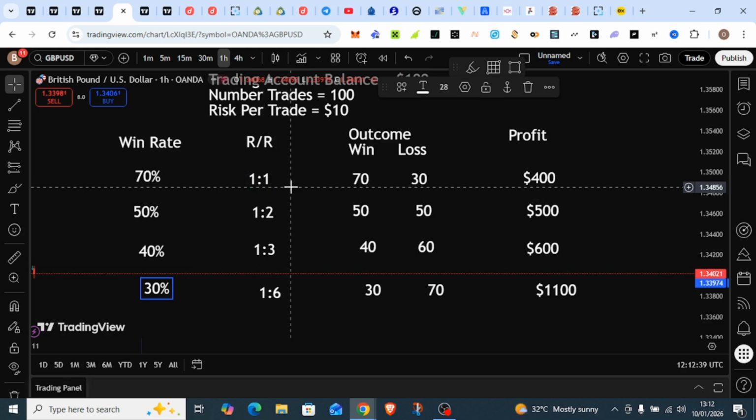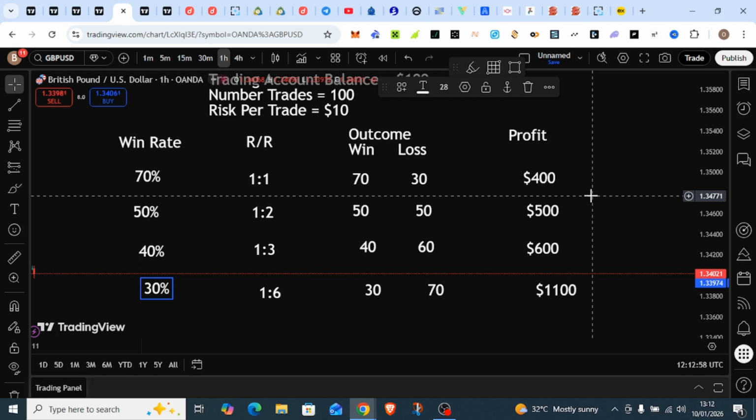That's why there is no hard and fast rule to this. You must understand your system before you choose the type of risk to reward you are going to use. I'm not choosing any for you, but based on these examples, you should be able to choose.